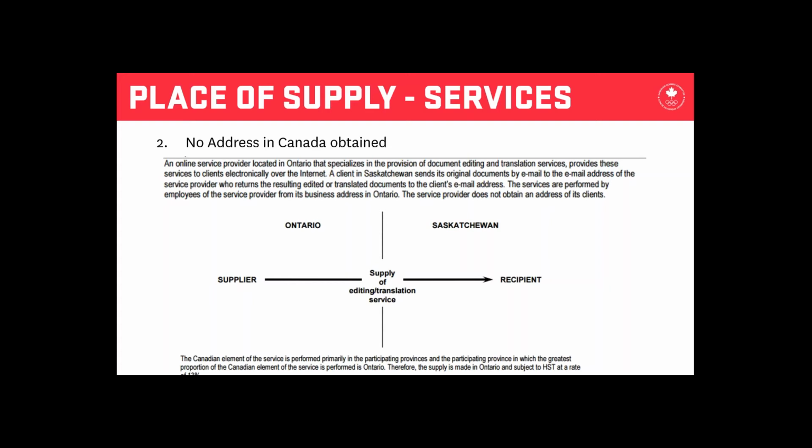And so in that case, what the government has come up with is that the supply would be deemed to have taken place in the home province of the supplier, in that case, Ontario. So again, just to reiterate, this is an online service provider located in Ontario, servicing a client in Saskatchewan, but charging that client Ontario tax because it doesn't have the client's address.